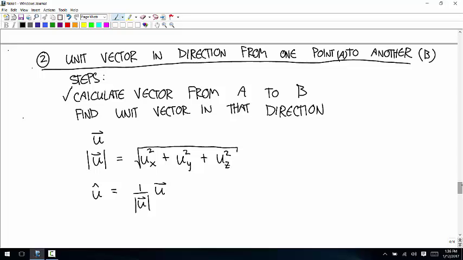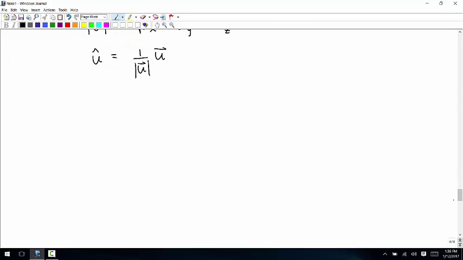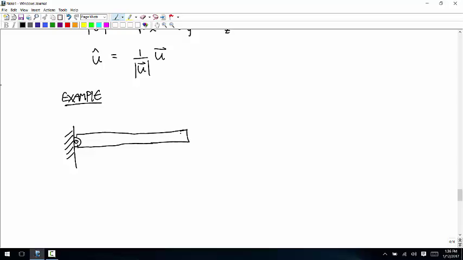Okay, so let me do an example here. Let's say that there's a bar that's connected to the wall by a pin joint. So let's say it's free to rotate around this pin joint. So there needs to be another force holding it up to keep it from swinging down. And the thing that keeps it from swinging down is a cable that's attached from here over to the wall. So here's a cable.